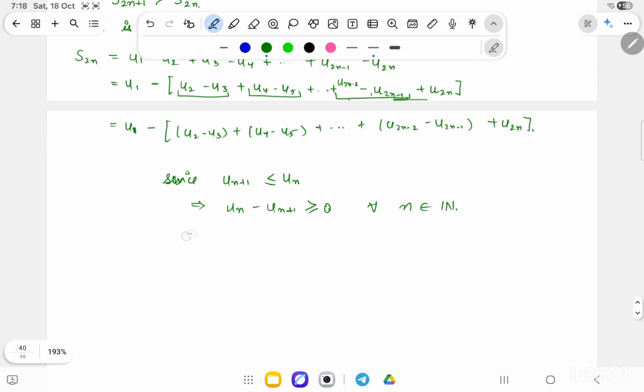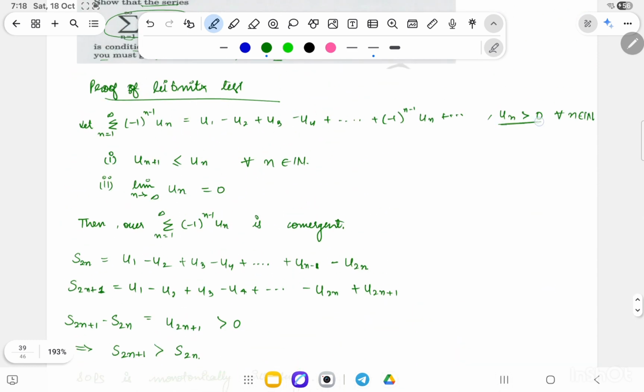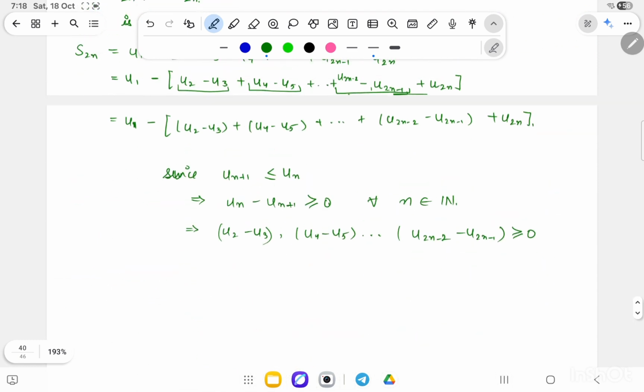So from here we can conclude that u2 minus u3, u4 minus u5 and so on up till u(2n-2) minus u(2n-1), all these terms will be greater than or equal to 0. Also, the necessary condition is that each un term is strictly positive, so that basically gives me that u2n is strictly positive.